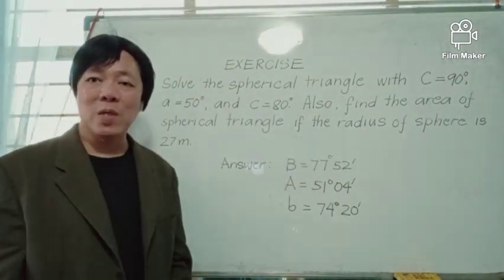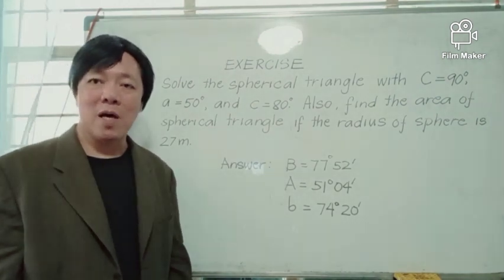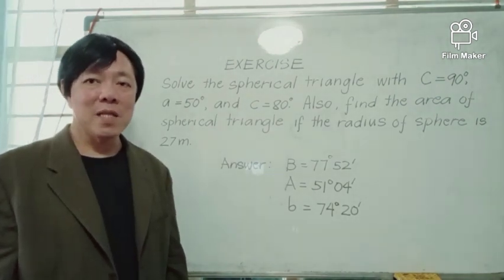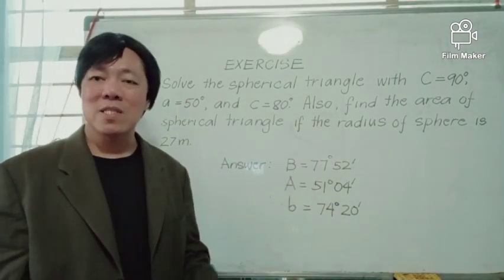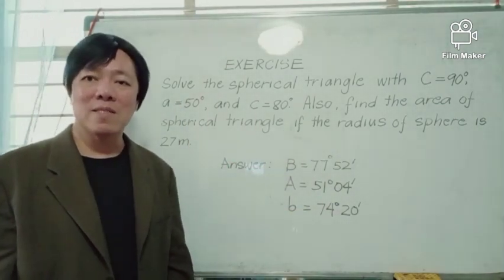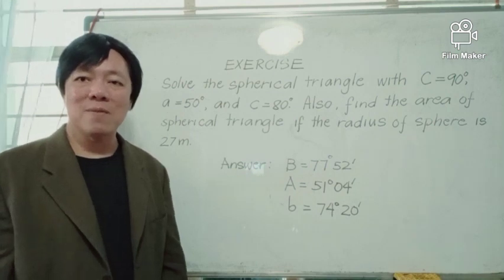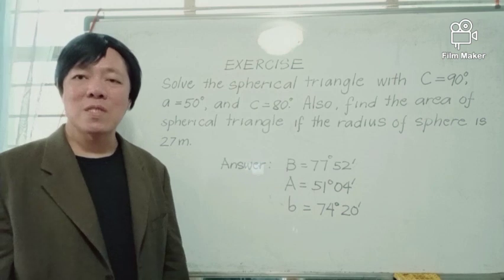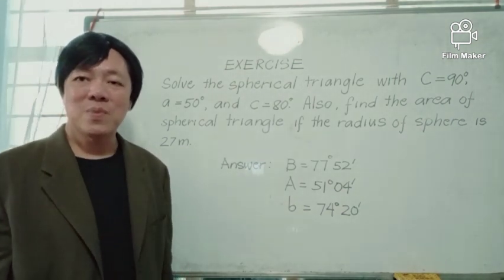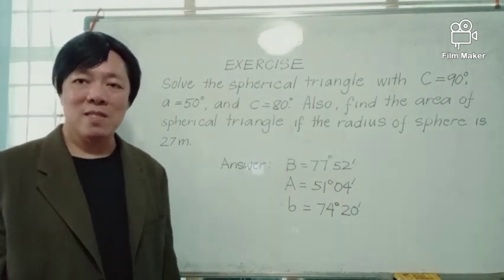The first step that you will do is draw the mnemonic device and identify the unknowns. To solve the spherical triangle means to find all the unknown parts, the parts that are not given. And in this problem, you will use Napier's rules and the mnemonic device.